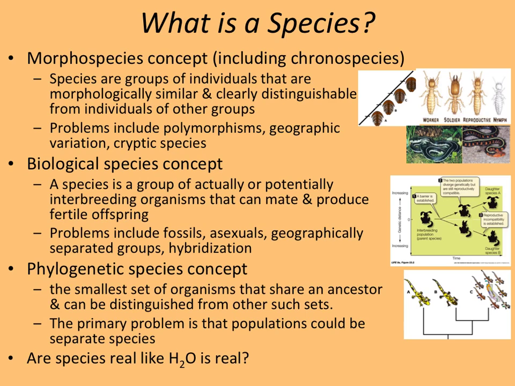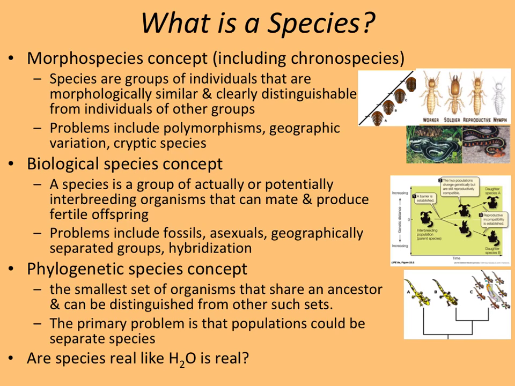The biological species concept is the one that's most often used, but it's not entirely workable. It's a group or population of actually or potentially interbreeding organisms that can mate and produce fertile offspring. Well, we don't know that in terms of fossils. We can't use the biological species concept because we don't know how they mated and who they mated with.